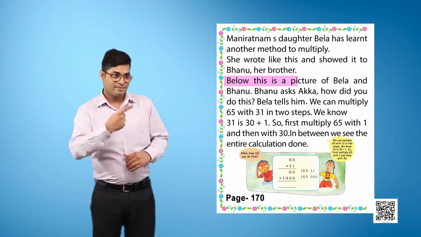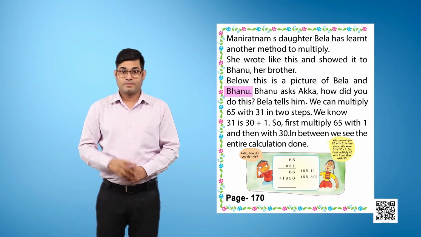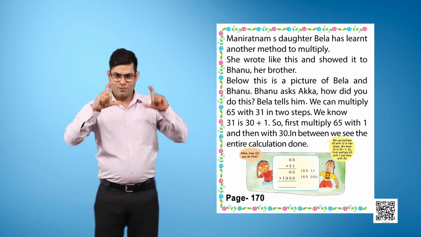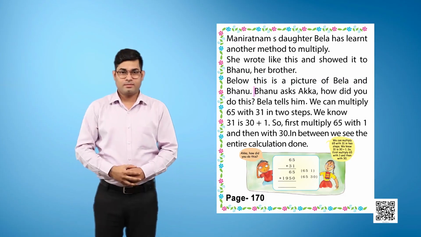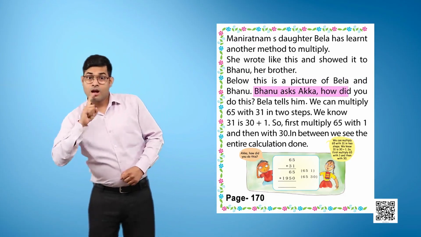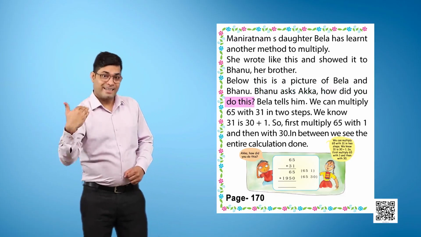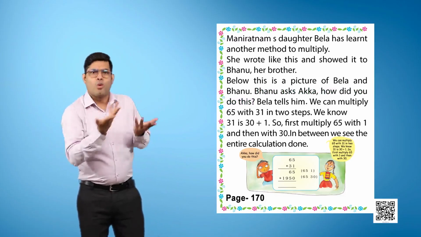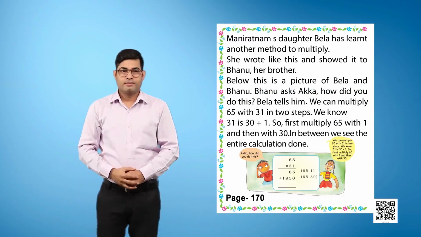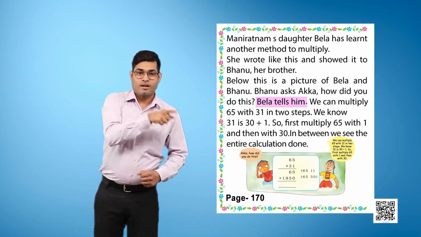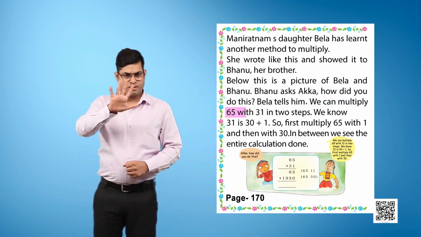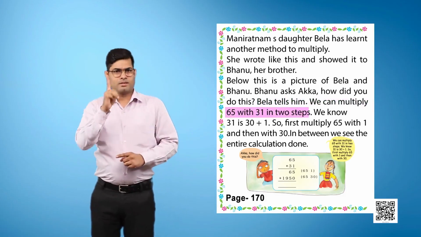Below this is a picture of Bela and Bhanu. Bhanu asks, Akka, how did you do this? Bela tells him, we can multiply 65 with 31 in 2 steps.